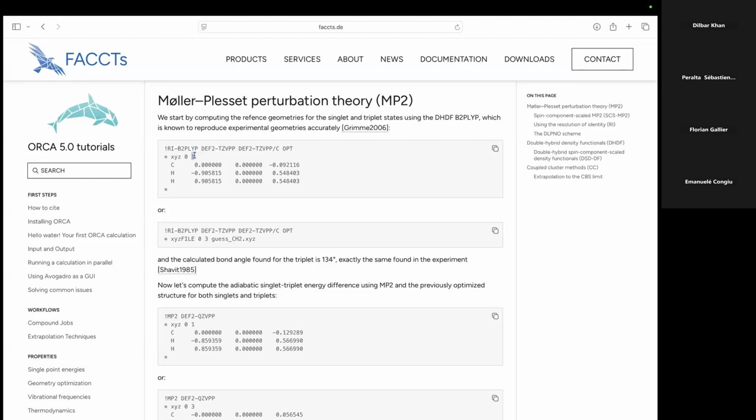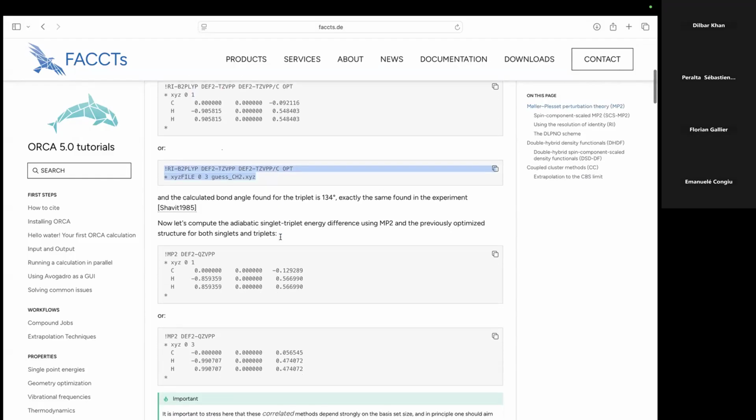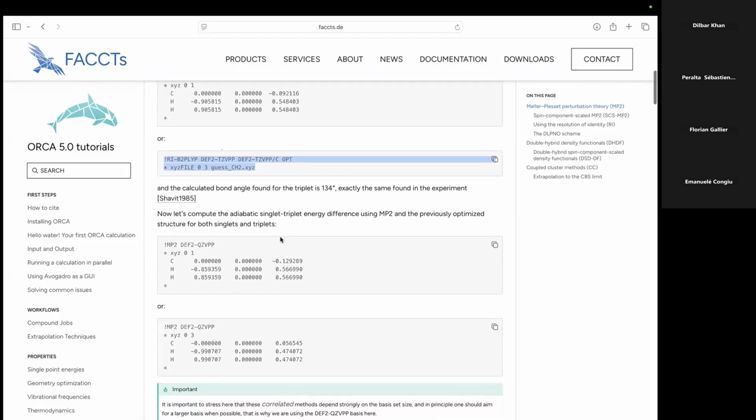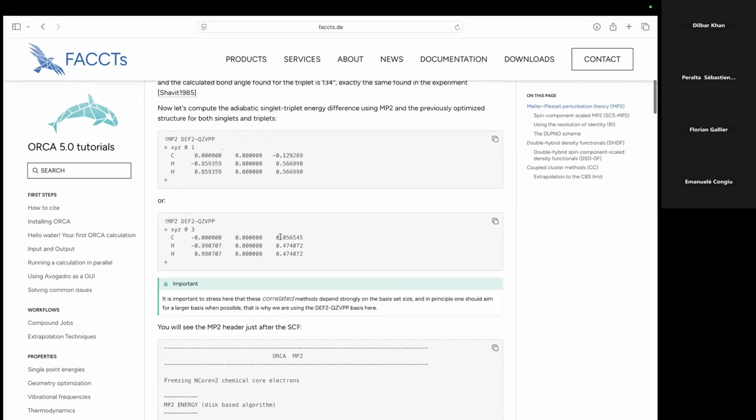You can start singlet and triplet calculations at the same time. Just change the multiplicity. You can forget about this, and then you get the optimized structures, and here you place the optimized structure and get the potential energy.